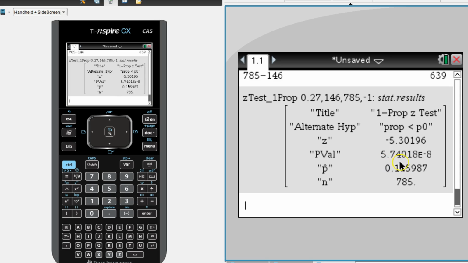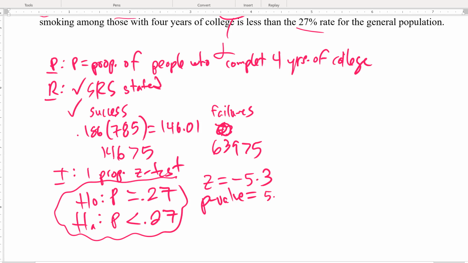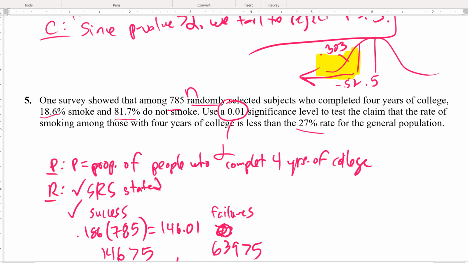Right, do not write 5.7 e negative 8. You will not get full credit for that. You can either write it as a decimal, or you could write it as 5.7 times 10 to the negative 8, or 0.000000057. Compared to an alpha level of, I think they told me to use 0.01 on this one. I'll double check. Yes, they did.